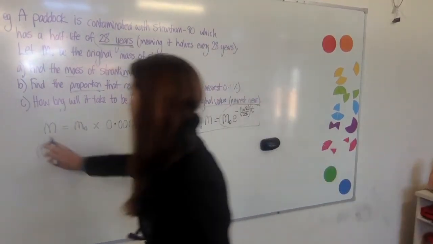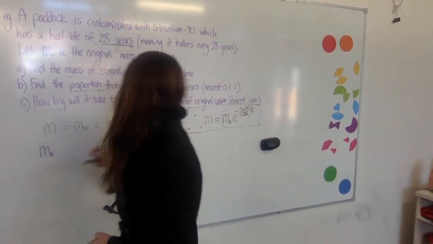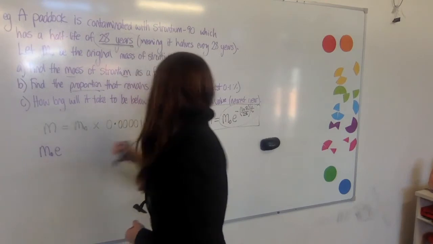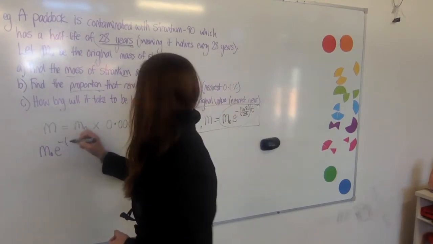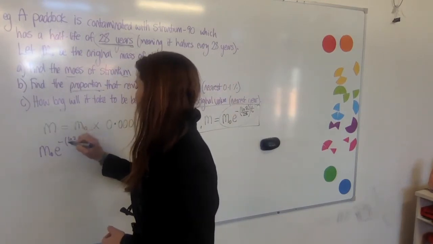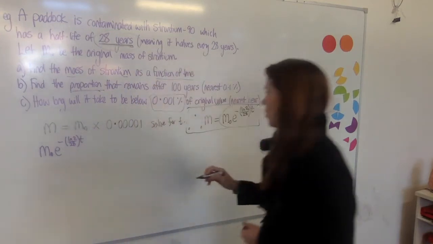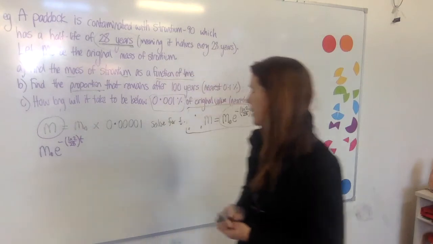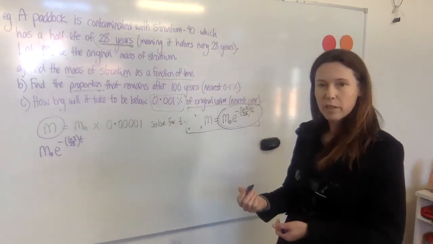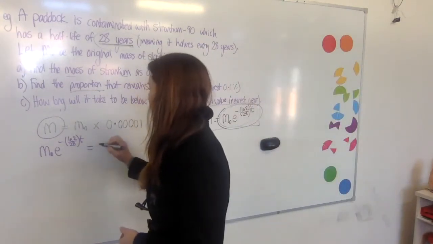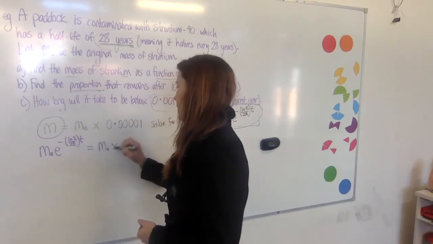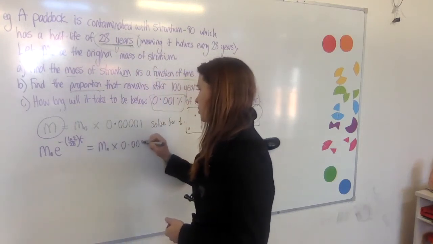Let's go back to purple. m0 e to the power of minus ln 2, natural log of 2 over 28 t. All of that's on the left-hand side, and I just use my formula. That has to equal the original amount multiplied by my decimal.